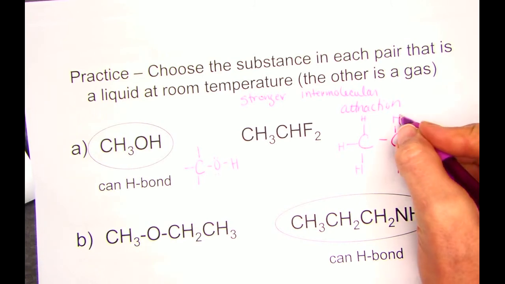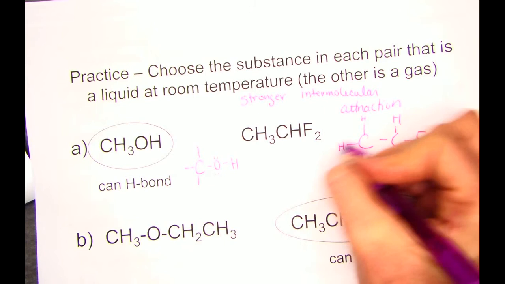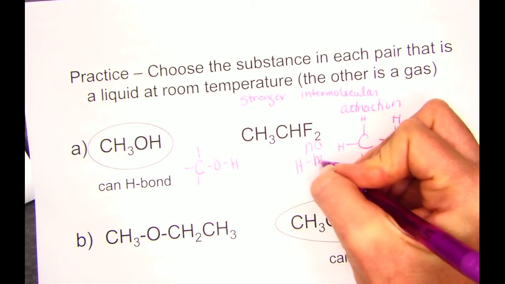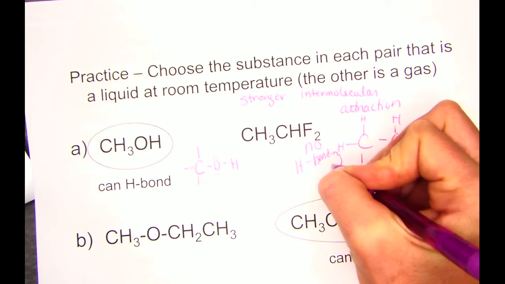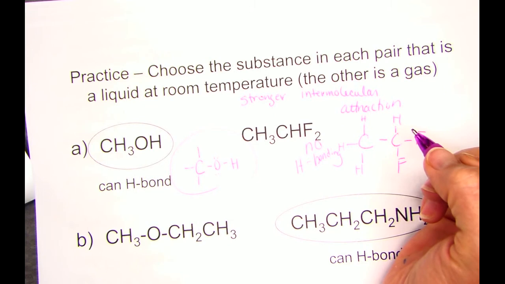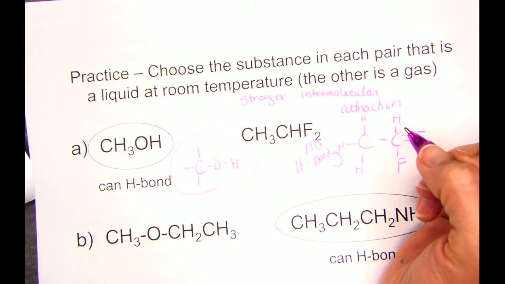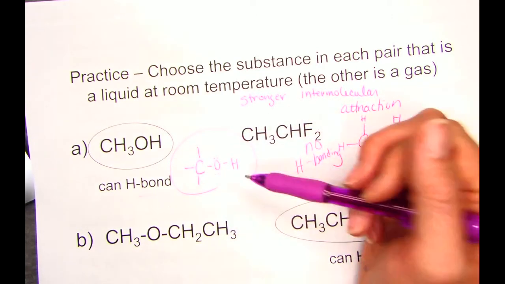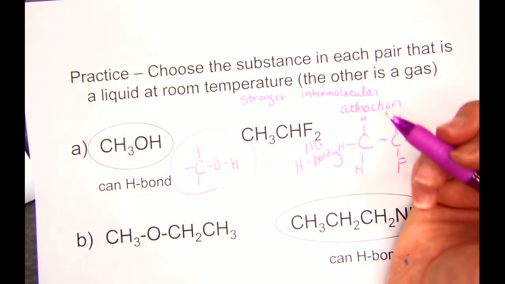Clearly, the hydrogen attaching back to the carbon means no hydrogen bonding, and therefore will be a gas at room temperature. This compound will form hydrogen bonds and therefore will be a liquid at room temperature. Stronger intermolecular attractions when the hydrogen's attached to an electronegative element.